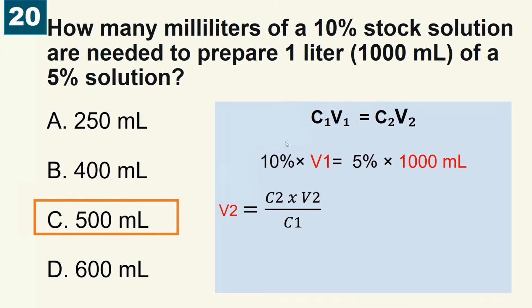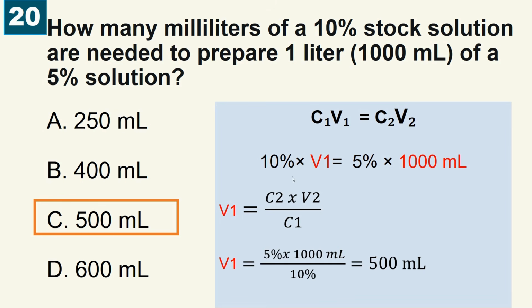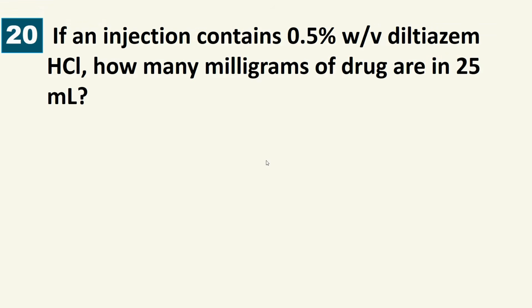So we are calculating V1. V1 equals C2 V2 divided by C1. We already know C2 is 5%, V2 is 1000 mL, and C1 is 10%. So it gives you 500 mL. Therefore, the correct answer is 500.